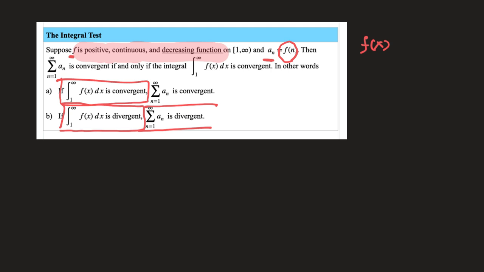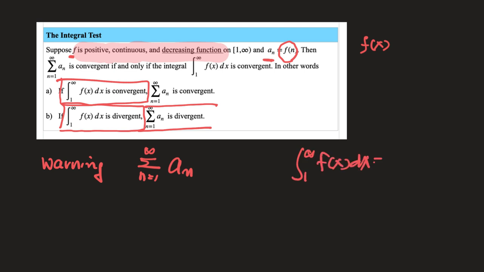But be very careful here, guys. Here is a warning. This test tells you if an infinite series is convergent or divergent, but we don't know the exact sum of the infinite series. Let's say the improper integral is convergent and has some value, call it a.